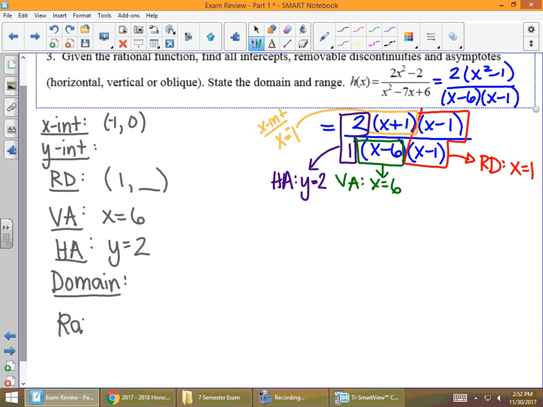For domain, we are going to exclude our x value from our removable discontinuity and our vertical asymptote. Those are not points on our graph. So we are going to exclude 1 and 6.